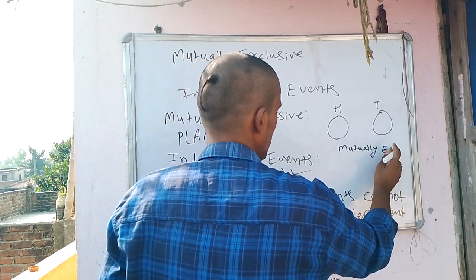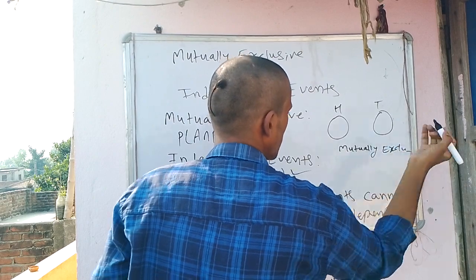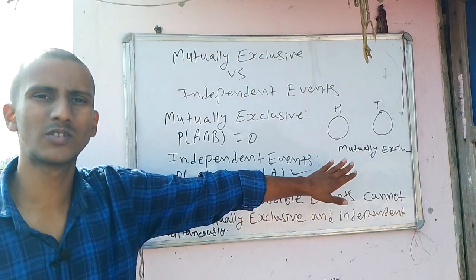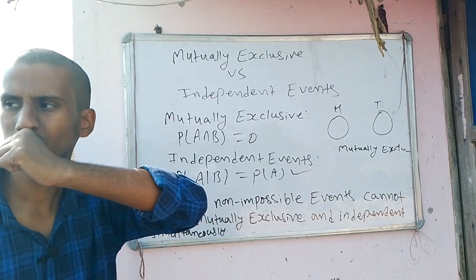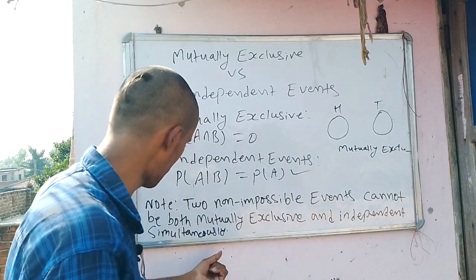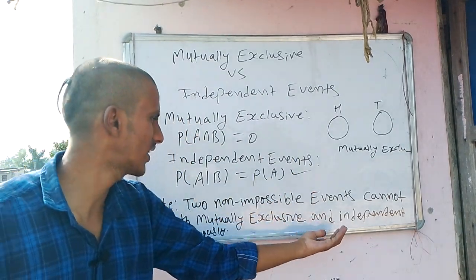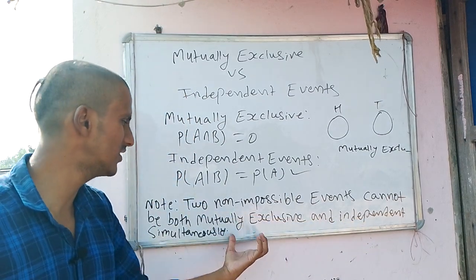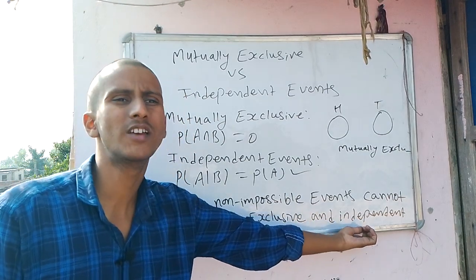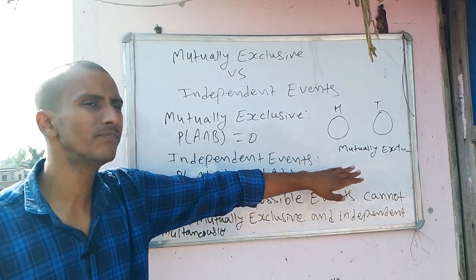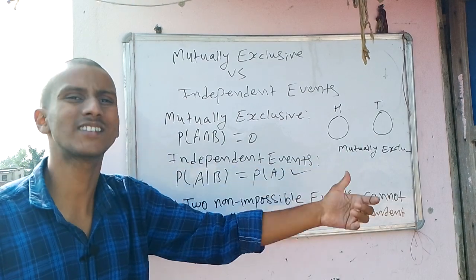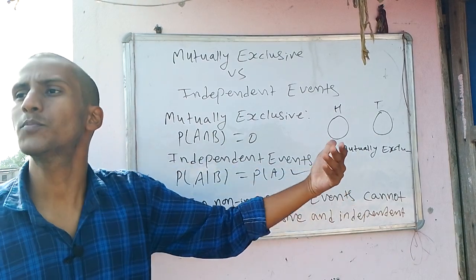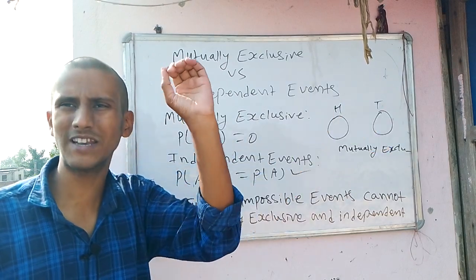So they are mutually exclusive, and at the same time they are dependent. They can't be independent, because if it is mutually exclusive, it cannot be independent. Why? Because if we know that head has occurred, then the probability of T occurring automatically becomes 0.